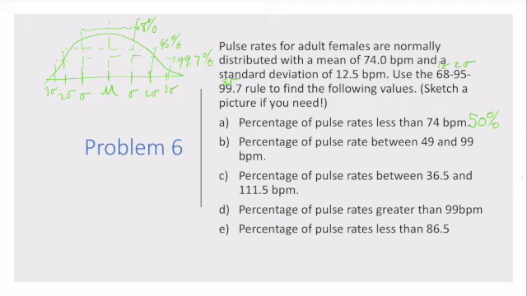I want to know what percentage of pulse rates are between 49 and 99 beats per minute. So why don't I go ahead and in blue draw our normal curve. I've got 74. If I go up 1 standard deviation, that puts me at 86.5. 2 puts me at 99. 3 puts me at 111.5.